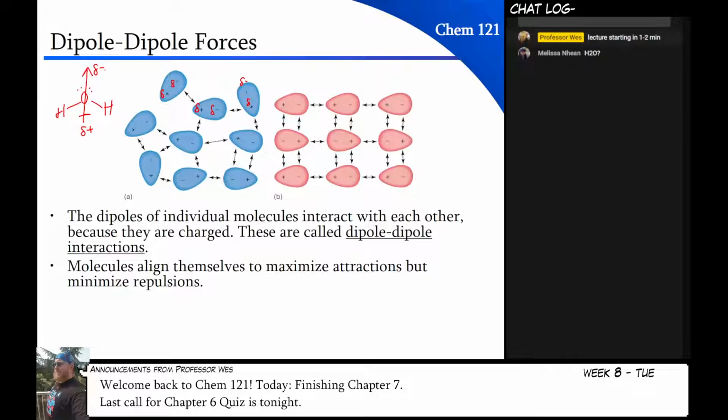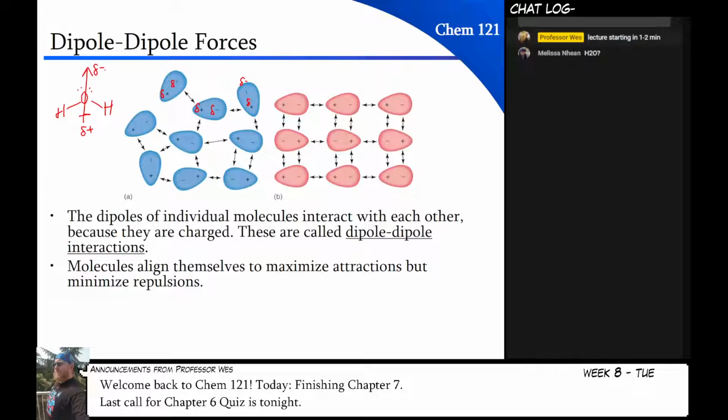And so what water molecules would do is they would align themselves in such a fashion that the negative part would always point towards a neighboring positive part. And they do this all over, as you can see in this diagram here for A. I just have a random assortment of molecules, but they try to arrange themselves such that they can maximize the attractions, but have the repulsions be as far apart as possible.